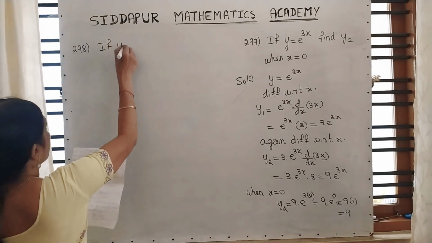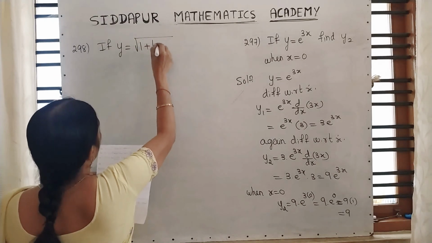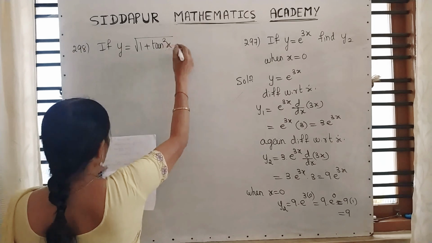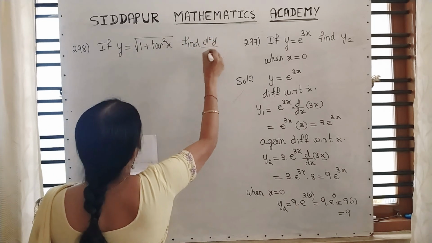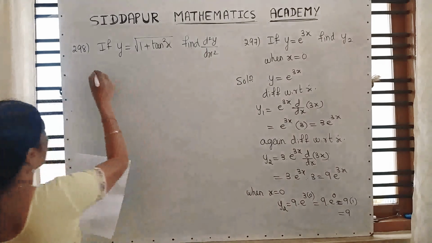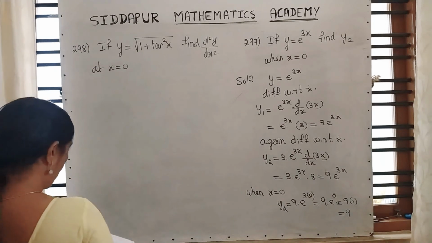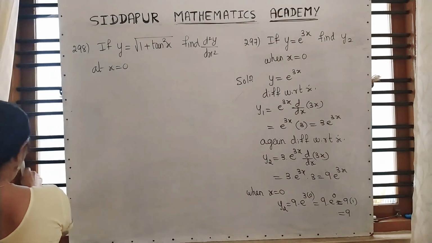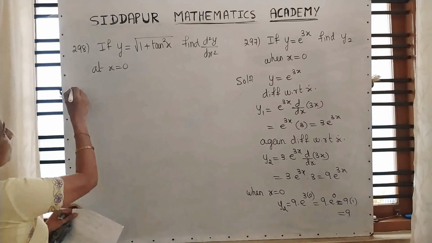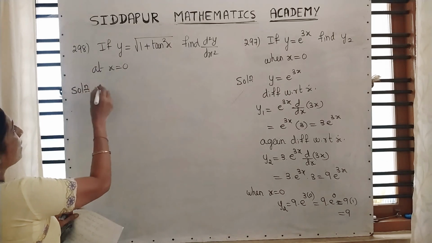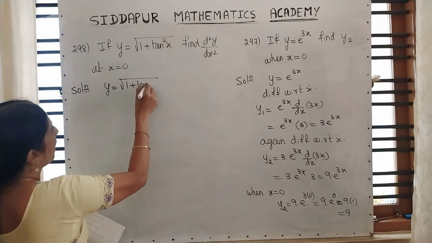If y is equal to root of 1 plus tan square x, find d square y upon dx square at x is equal to 0. See, if you are thorough in the trigonometric formulas, y is equal to root of 1 plus tan square x.